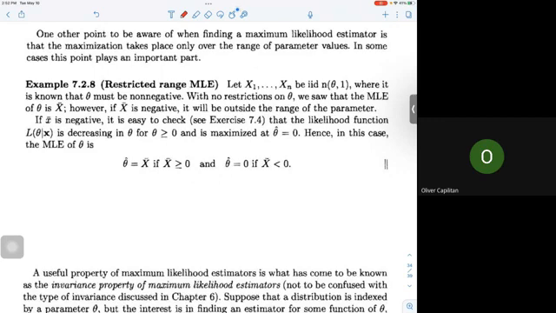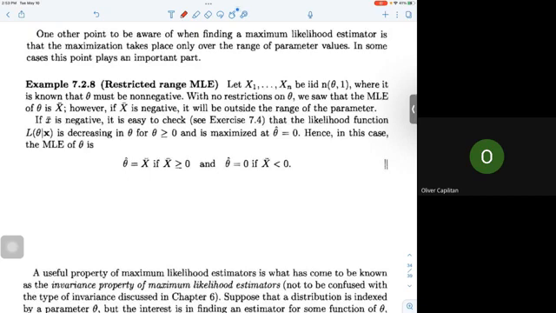Usually, no, dapat yung theta natin, we'll say mean, it ranges from negative infinity to positive infinity. But in our problem here, we assume that our theta be a non-negative value. So theta is greater than or equal to 0.